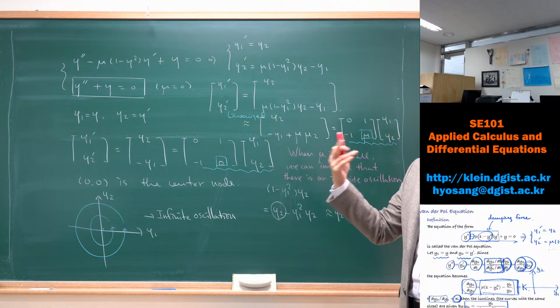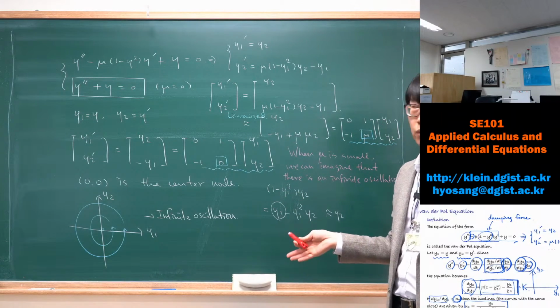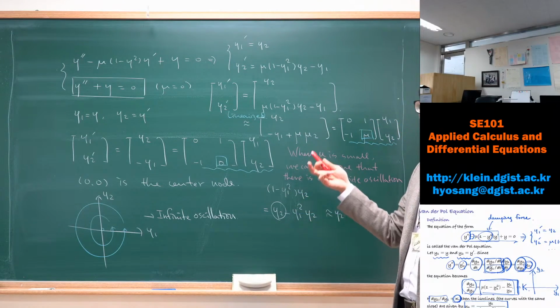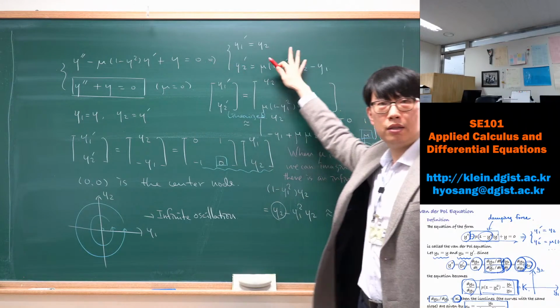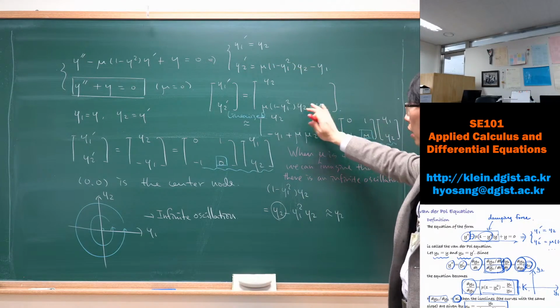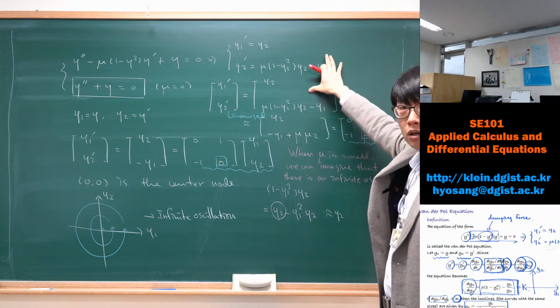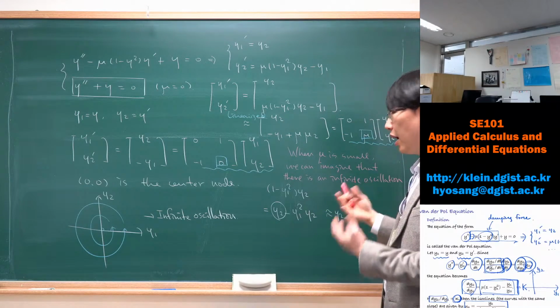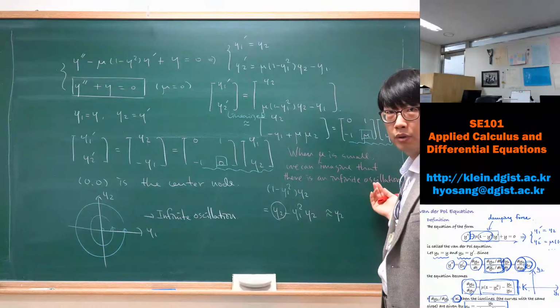So without actually looking at the numerical solution or finding an exact solution of the van der Pol equation, by linear approximation we know that this solution curve will kind of look like an infinite oscillation.